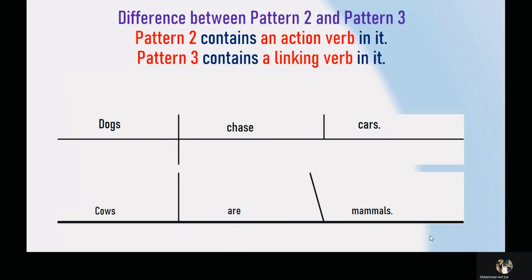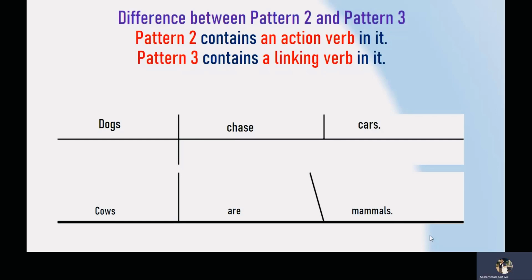But in pattern 3, we do not have action verbs or objects. Rather, in pattern 3, in formula 3, we have linking verbs, and linking verbs are followed by a subject complement.